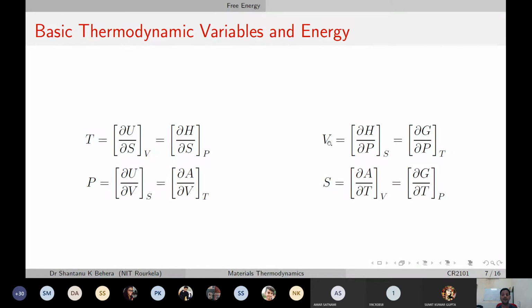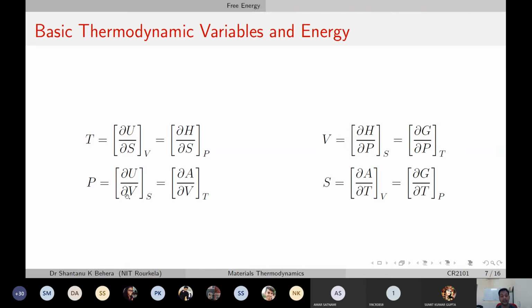And for volume, the conjugate quantity is pressure because you need to get energy here. So volume can be defined as the change in enthalpy with change in pressure at constant entropy, or the change in Gibbs free energy with change in pressure at a constant temperature. And likewise, like you defined V in relationship with enthalpy and pressure, you can define pressure in relationship with internal energy and volume.